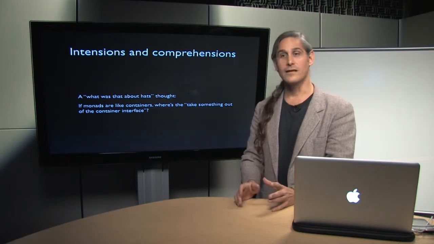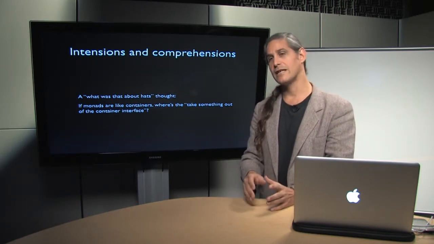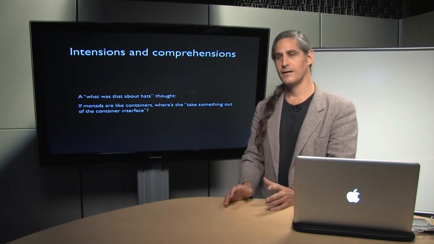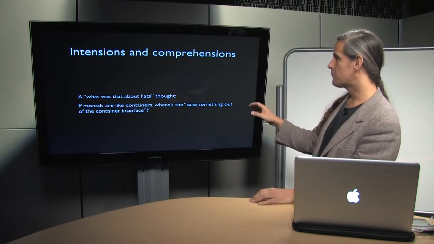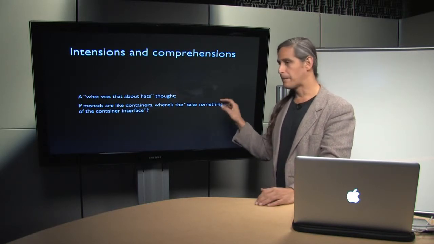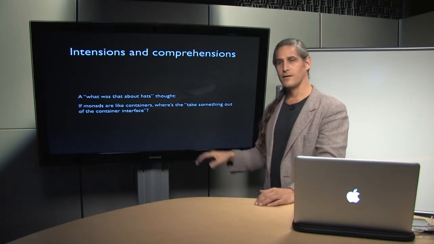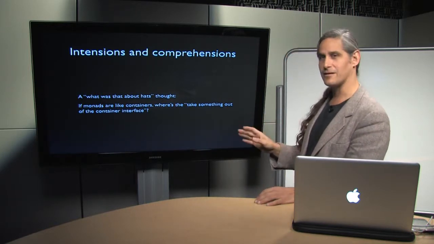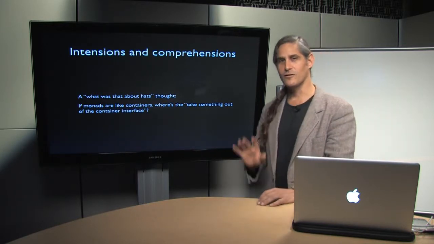And it really is important to show that they do compose. And what we'll see if we take this question on, and I hope that we do in this series, is that monads are not quite enough. You have to have a way to get stuff out. And the way to get stuff out is what's called a comonad.